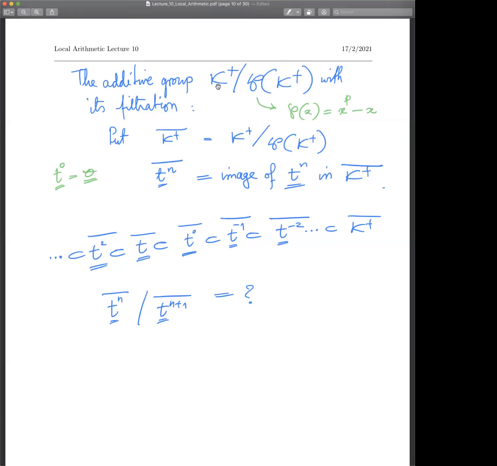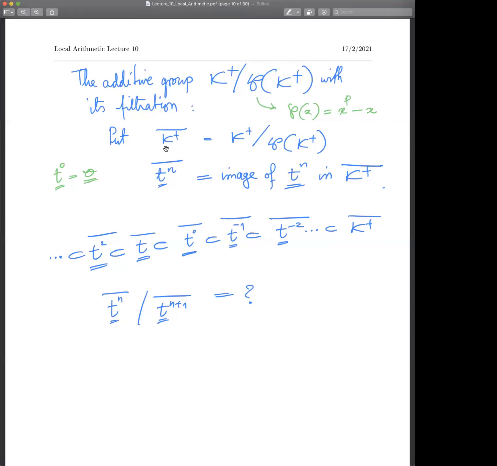Anyway, so you have K plus, and then you have this endomorphism P of K plus, which takes x to the power P minus x. That's an endomorphism because x plus y to the power P is x to the P plus y to the P. The endomorphism P of the additive group is what we are interested in.